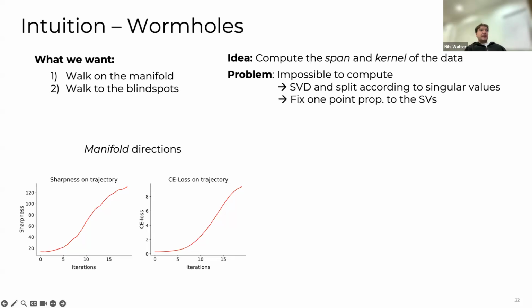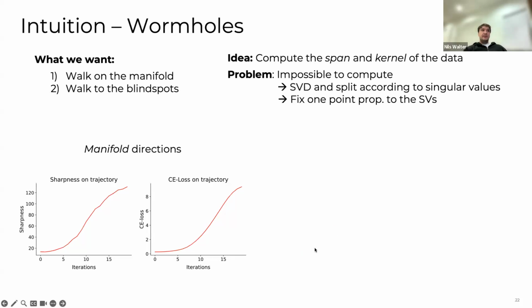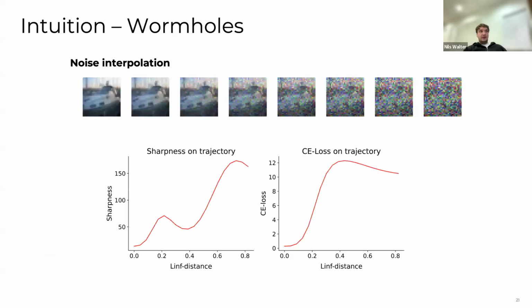So it really gives you this idea that I go more or less along this manifold instead of just to these uncanny valleys. While if we purely plot the lower singular values, it's a bit more of what we want. It kind of resembles what we see in the noise, right?